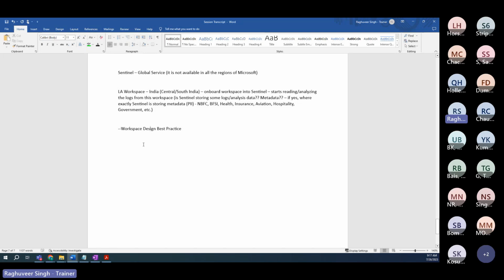So what is my workspace design best practice? Should I be designing my workspace based on the location where I operate as a business? Should I be designing my workspace based on environment? Let's say application environment, which is production, non-production.